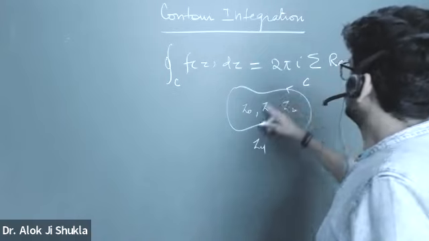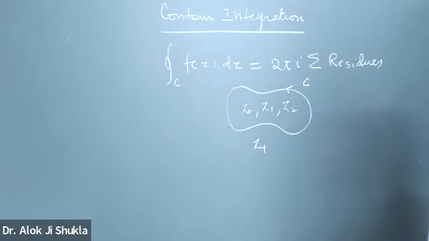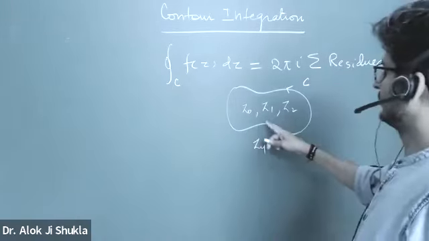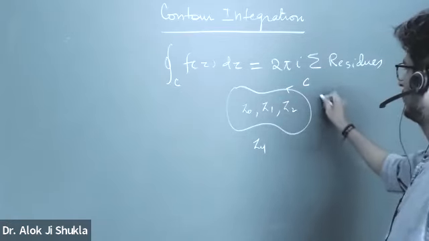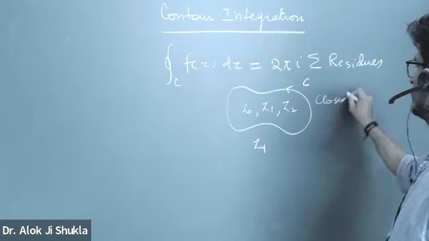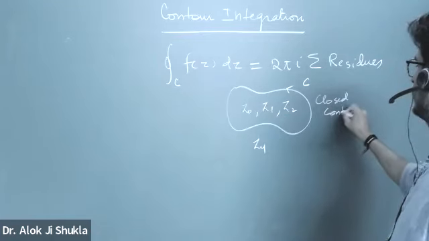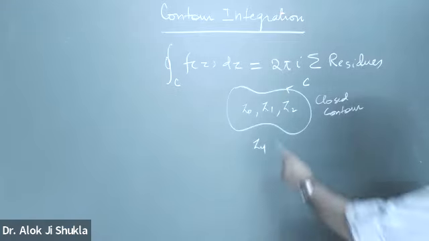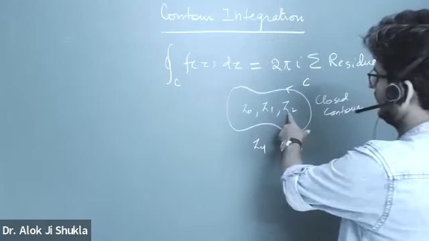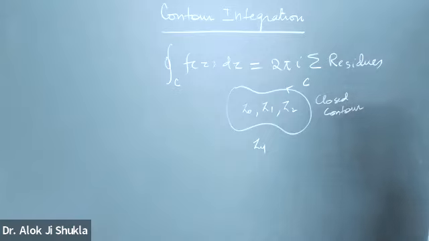So suppose this is the contour, and this contour may be anything, ellipse, circle, any closed contour. And there are poles which lie inside, and there are poles which lie outside.